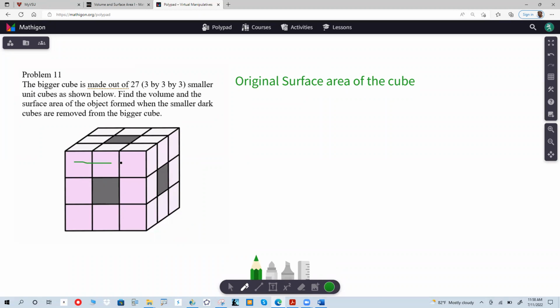Surface area is about squares, 3 by 3. So the answer is 6 times 9, which is equal to 54. I'm not going to worry about the unit. I'm going to put it in my final answer. Now, so far so good, hopefully.